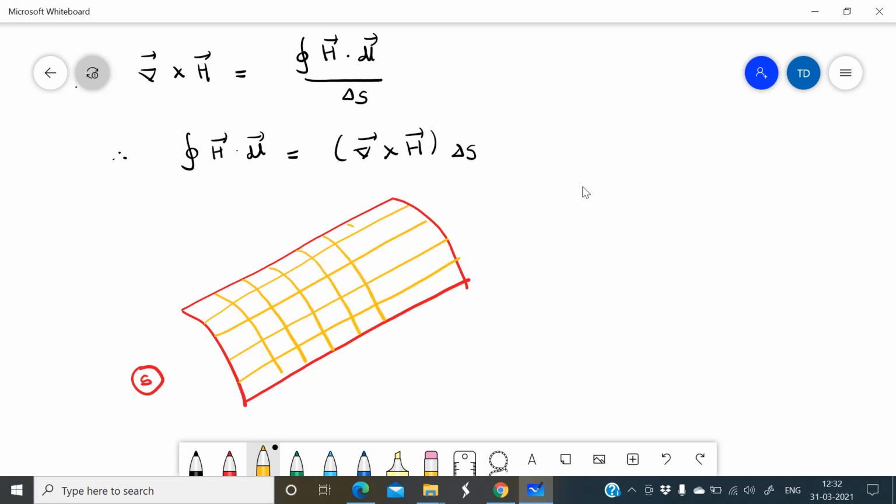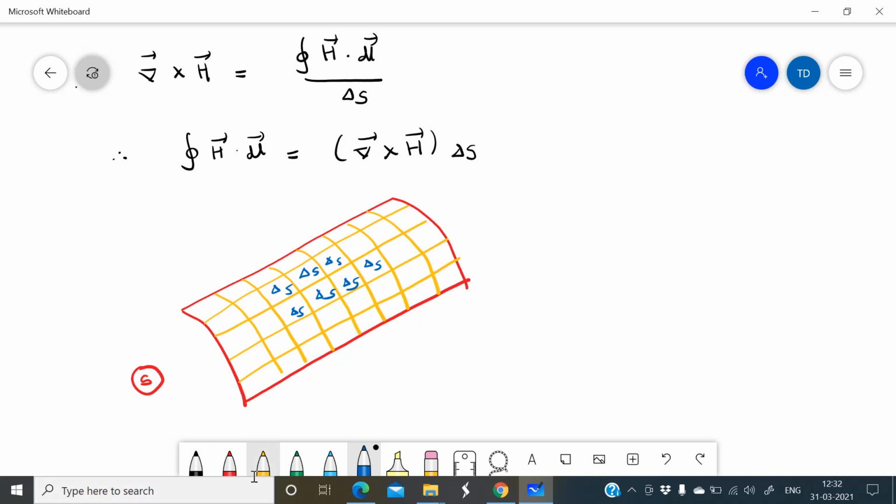Each small surface has an equal area, delta S. The small squares you see here each have area delta S.